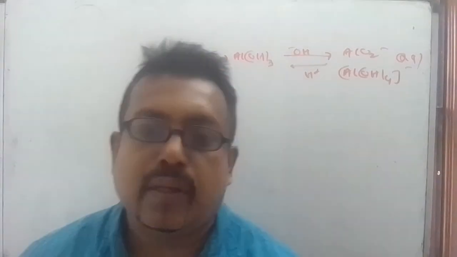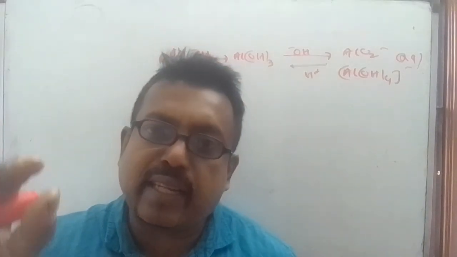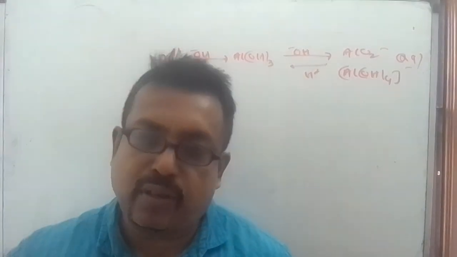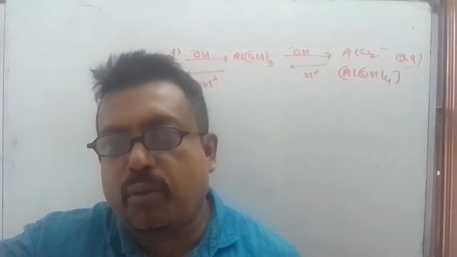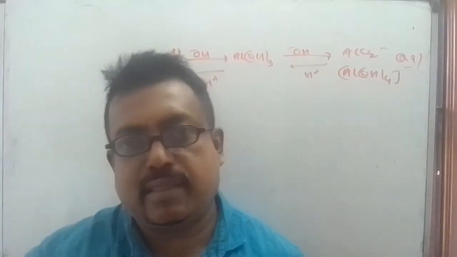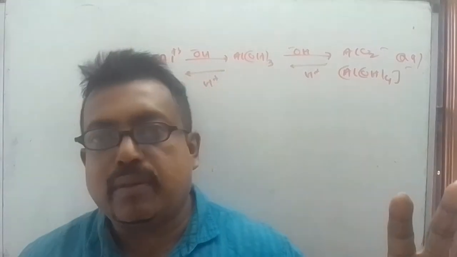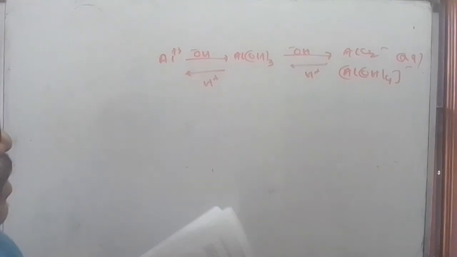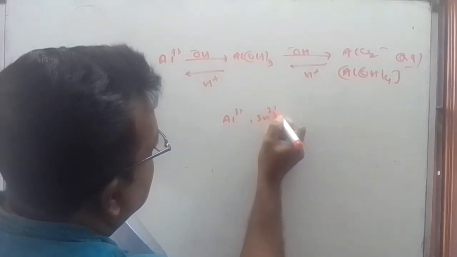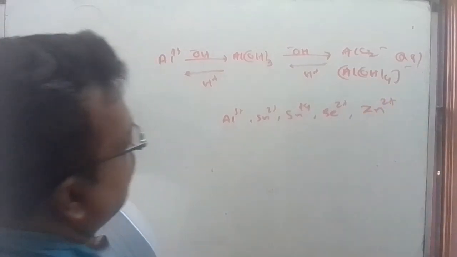Right. Now, except chromium, all the other amphoteric cations make white precipitates and dissolve. So you can exclude chromium because the color of the precipitate is white. So it can be aluminium 3+, stannous, stannic, beryllium, zinc.